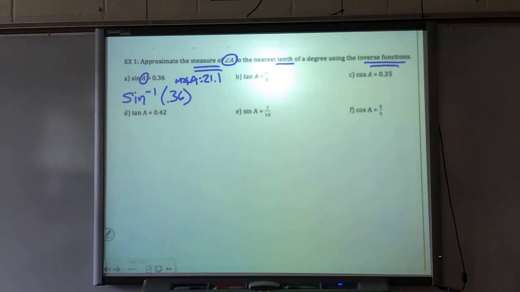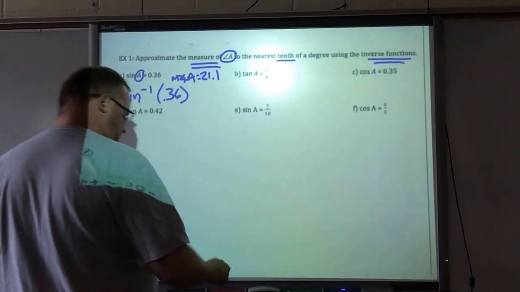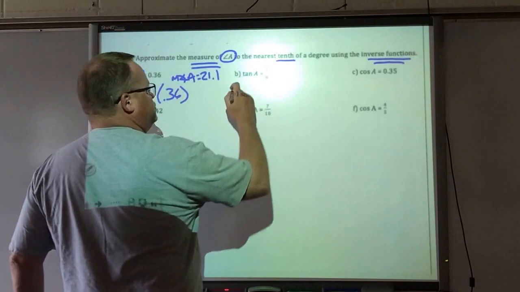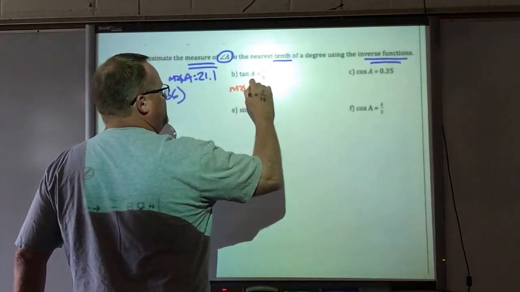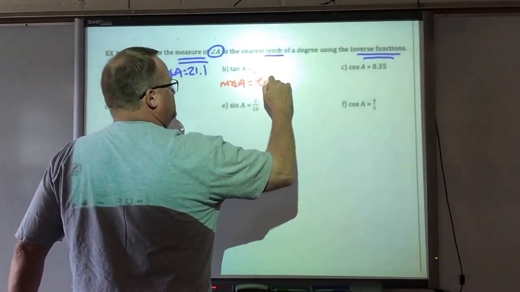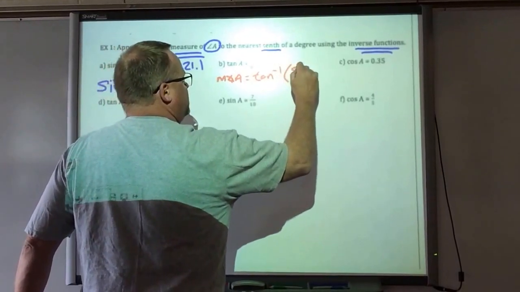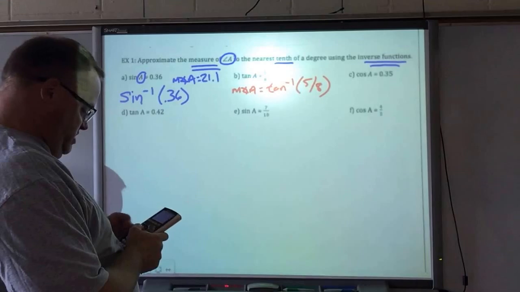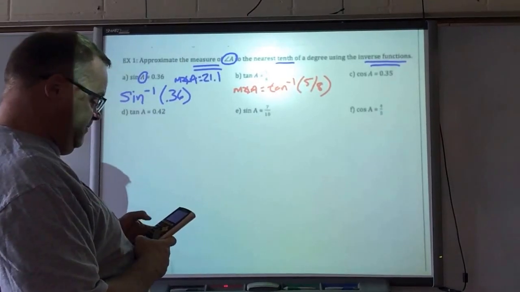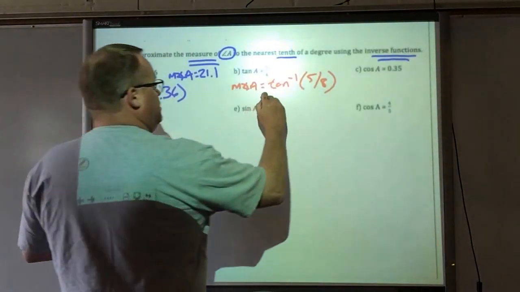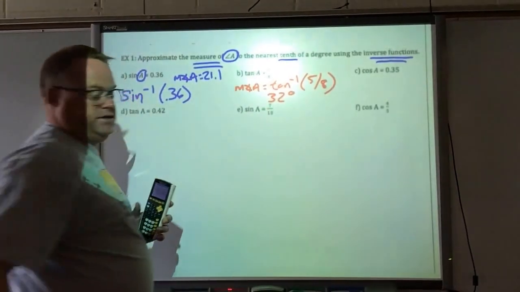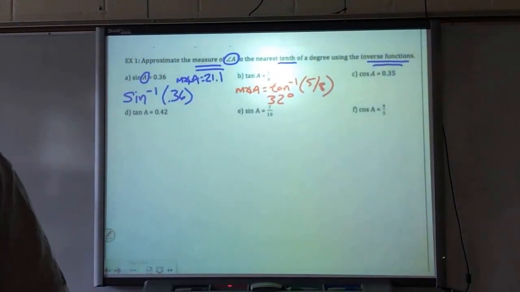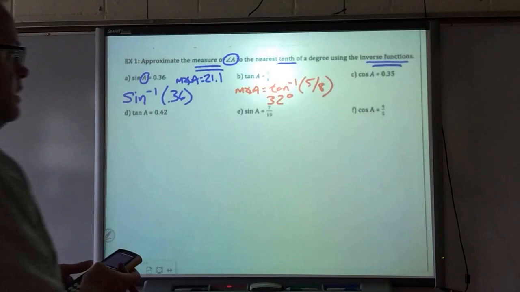Let's look at the next one. If I want to find the measure of this angle A, I'm going to take the inverse of tangent of 5 divided by 8. Well, inverse of tangent 5 divided by 8, and that is 32 degrees. All right, let's do the next one.